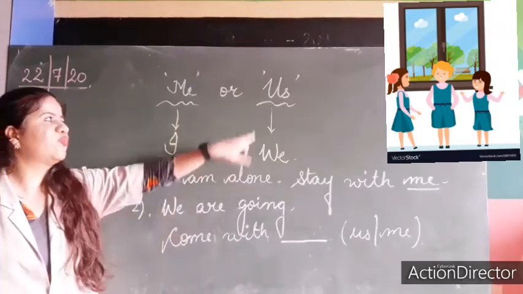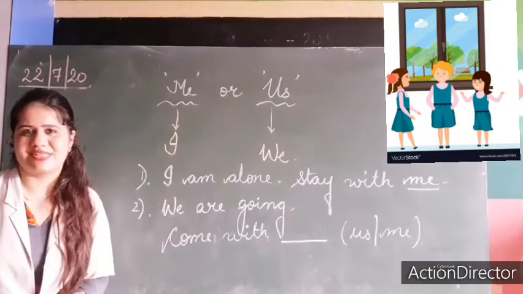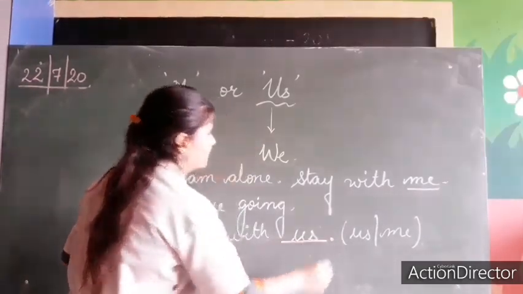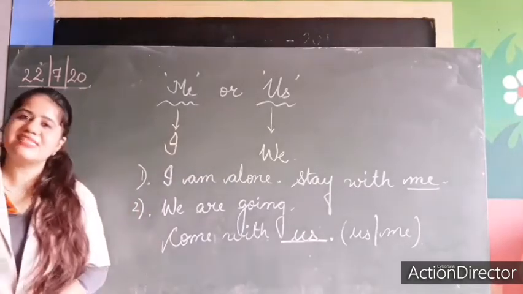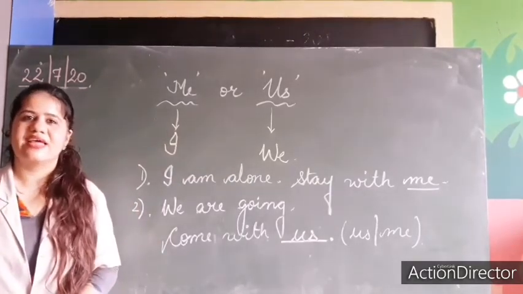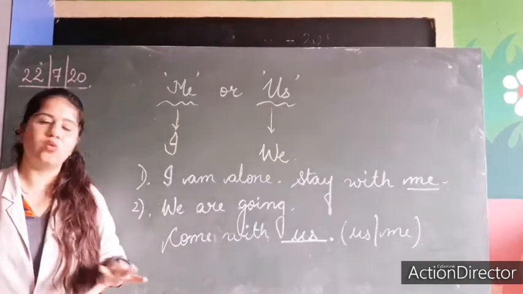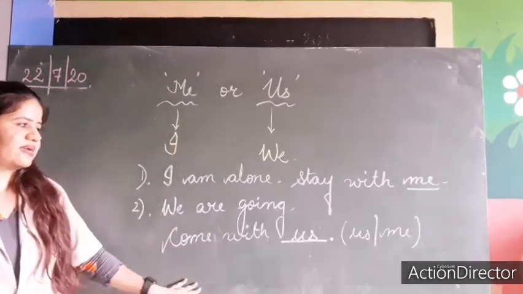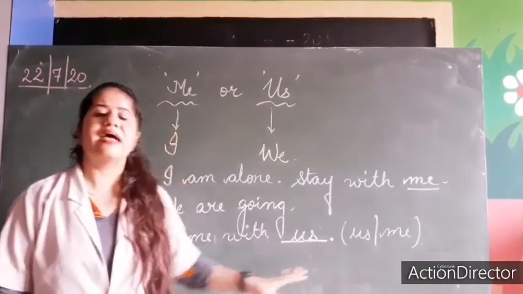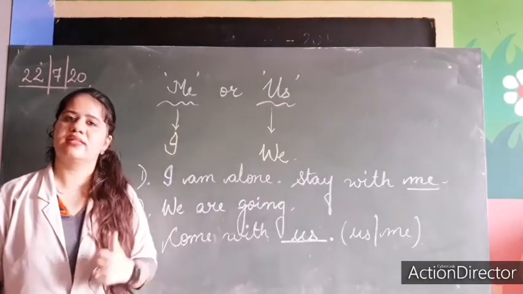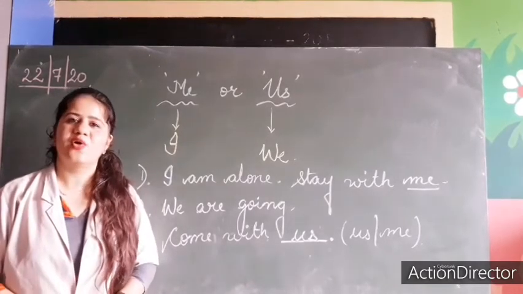I told you with we what comes? Us comes. Yes? So come with us. Very simple, isn't it? Yes? So you all also revise it at home in this format, that is with option format, and we will give you some practice sheets also in the WhatsApp group.